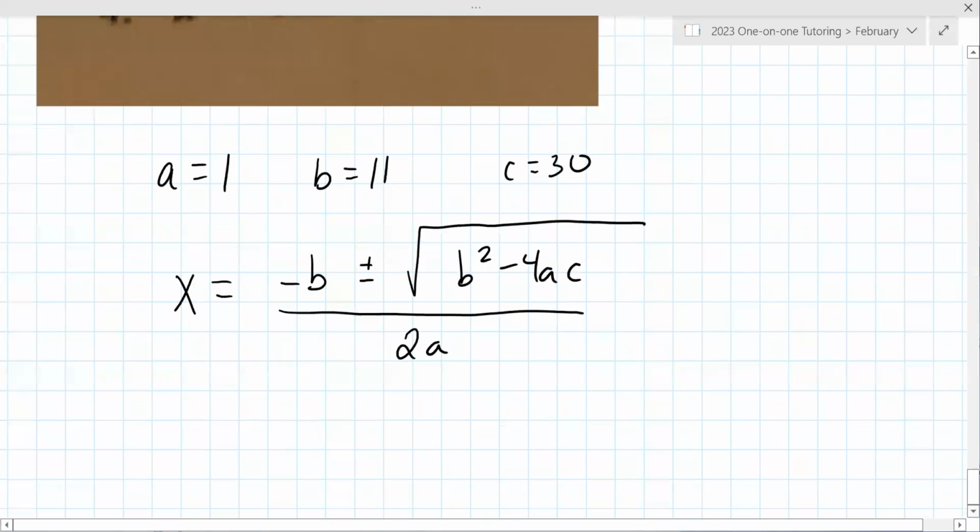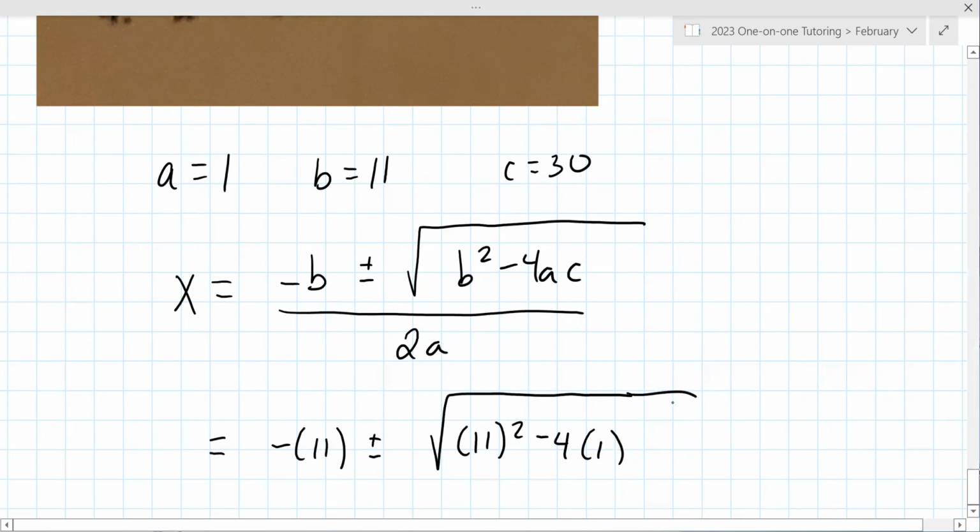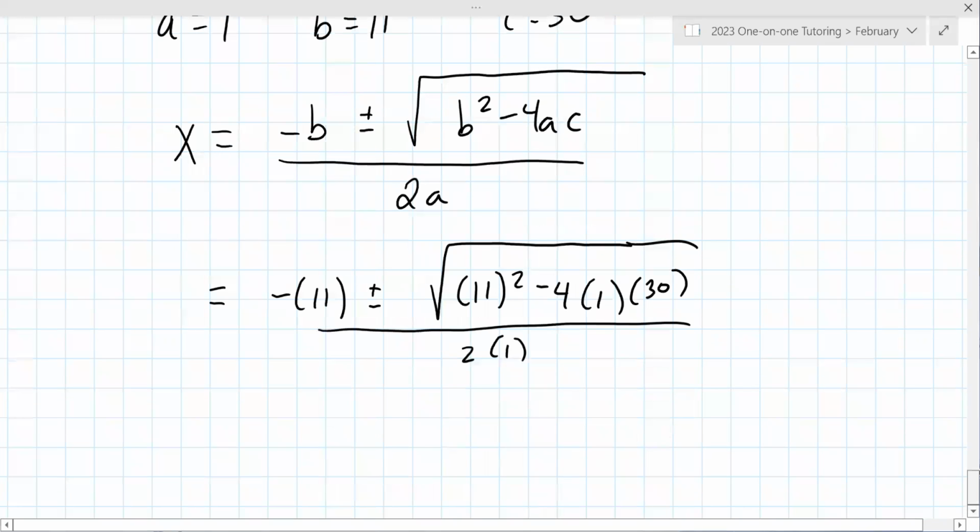It's all about perspective, right? I've got a student who has to derive this formula in his homework sets. You just have to use it. So you just got to be able to put the numbers in. Minus 11 plus or minus the square root of 11 squared minus 4 times 1 times 30. Again, put them in parentheses. 2 times 1.